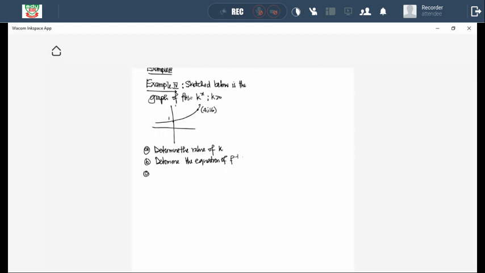Then C, someone says draw on the same set of axes the functions f of x and f inverse of x.